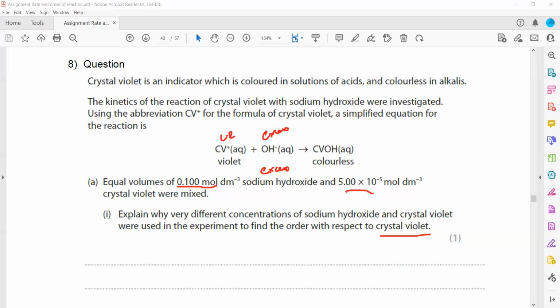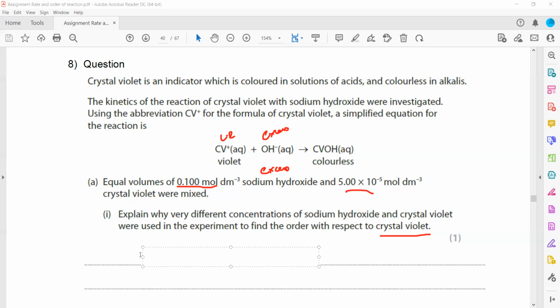So the reason for taking a very high concentration of sodium hydroxide is that when the reaction occurs, sodium hydroxide will be in excess, so a change in its concentration won't affect the rate of the reaction. So the rate will not be affected by sodium hydroxide, and the rate is only affected by the concentration of crystal violet.